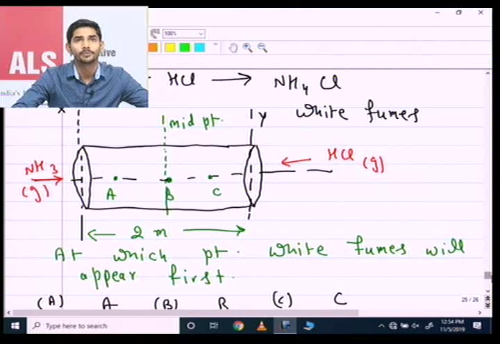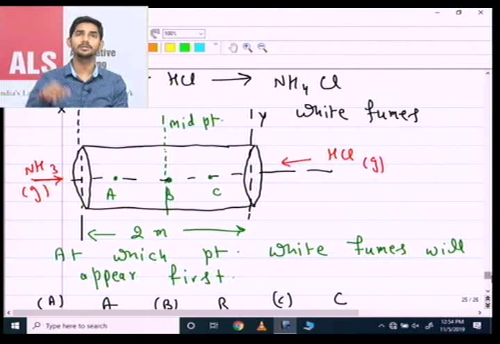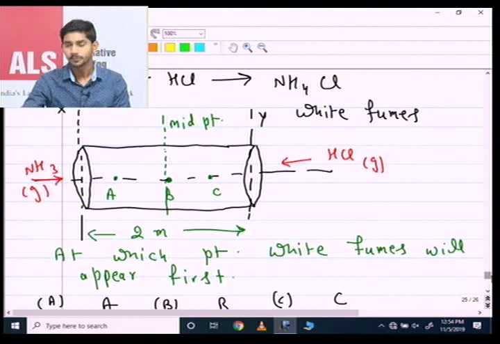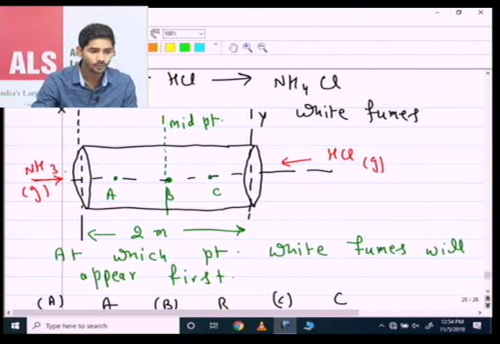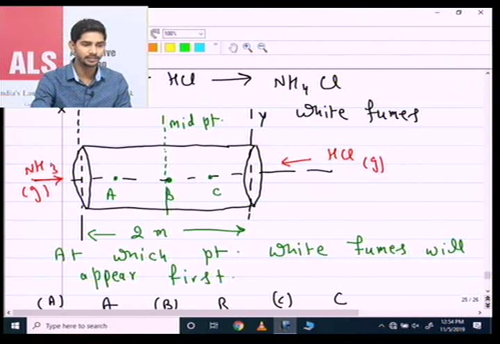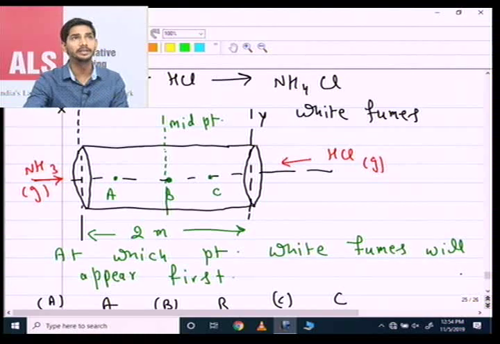Guys, in the beginning of Graham's law, I told you that Graham's law is simply based on a statement that heavier gas will move slower, whereas lighter gas will move faster. So if both the gases are entering the tube at the same time, obviously the mass of NH3 is 17, whereas the mass of HCl is 36.5.